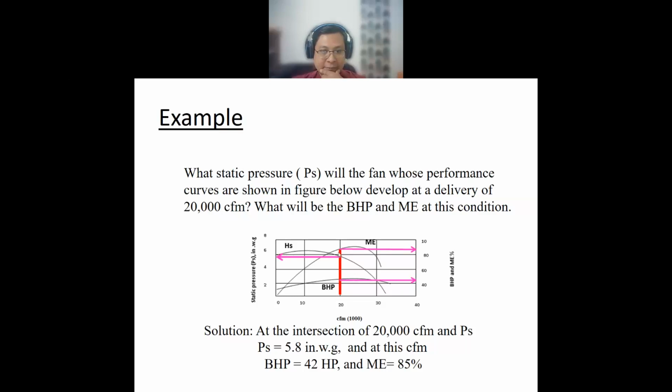The maximum mechanical work here is 85, and the BHP is around 42. All right, that's how we determine good performance in the fan utilization.